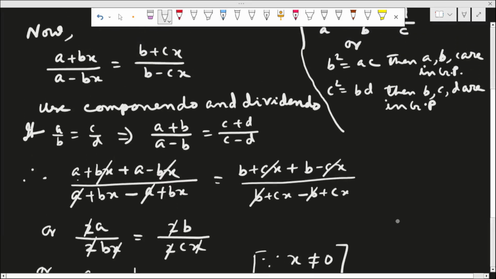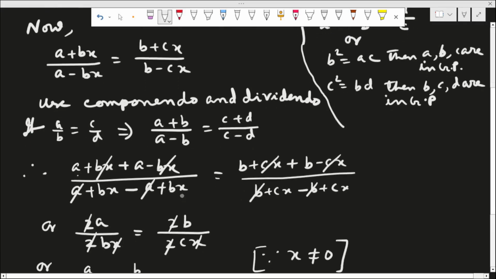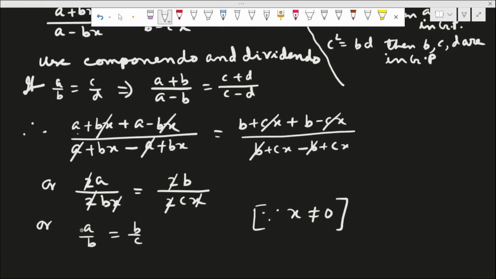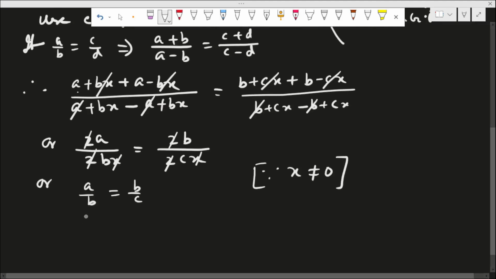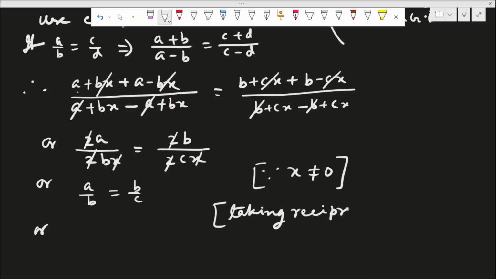Now look at the condition. Here is B by A is equal to C by B. But what we have got, A by B is equal to B by C. So we have to interchange numerator and denominator. To do so, we have to take reciprocal from both sides.